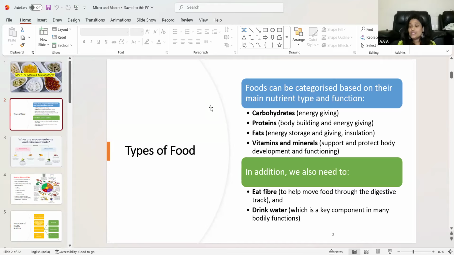And why are proteins important? It is a vital nutrient for muscle repair and muscle building, tissue repair, hormonal balance, heart health, gut health, and hair strength. Body strength, anti-aging, for everything we require proteins.